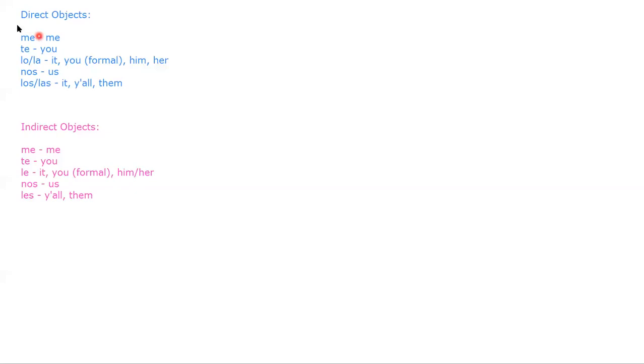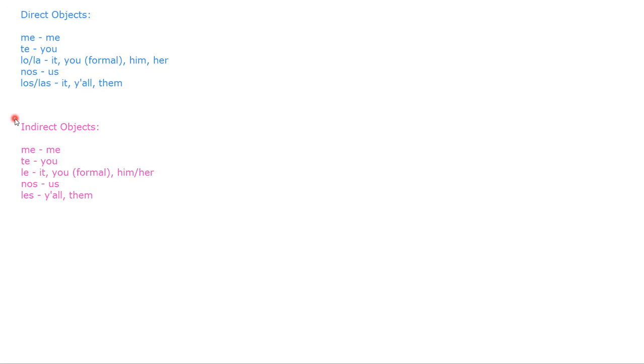All right, so when it comes to picking a direct or an indirect object, first you need to know what to pick from. So our direct objects are me, te, lo, la, nos, los, las. Our indirect objects are me, te, le, nos, les. You will notice that me, te, and nos are the same between direct objects and indirect objects.